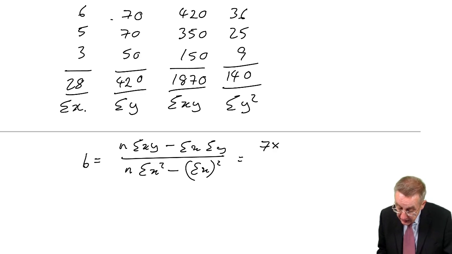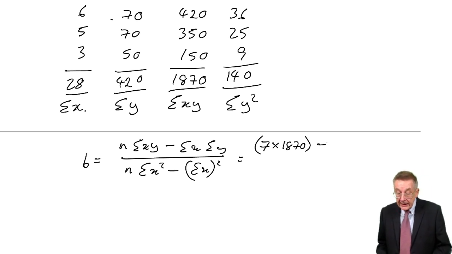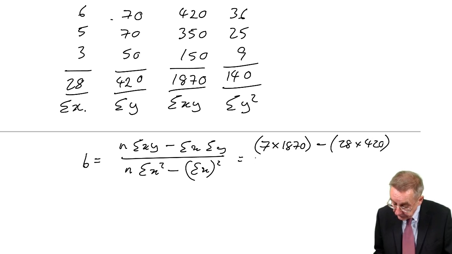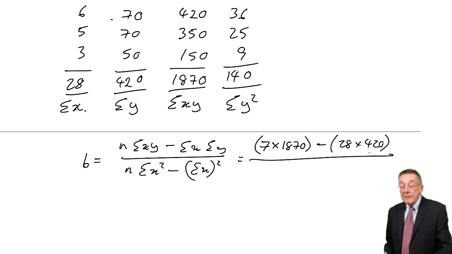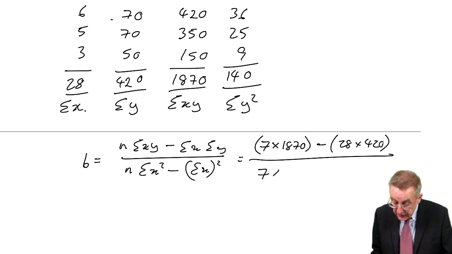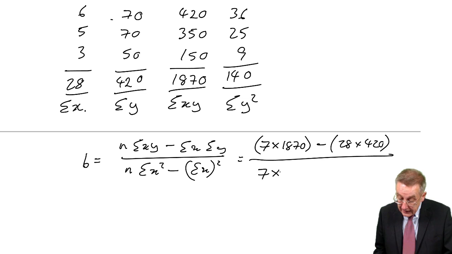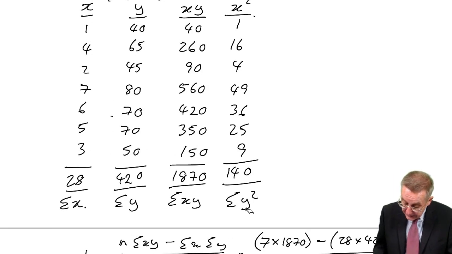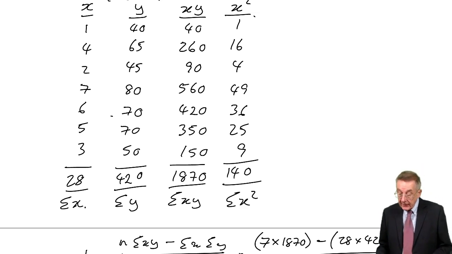So it's 7 times sigma xy 1870 minus sigma x times sigma y, 28 times 420, divided by n sigma x squared, so 7 times, I've written sigma y squared, it was x squared and I added them up, sigma x squared, I'm sorry.